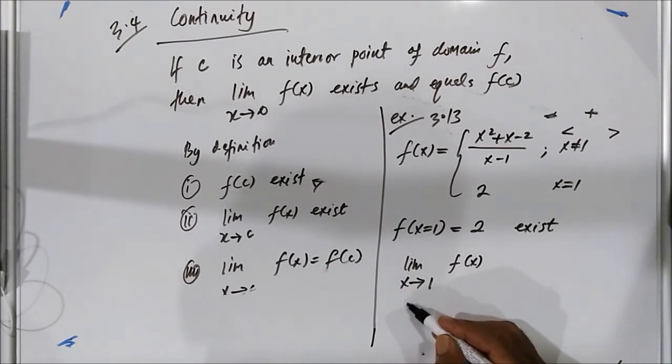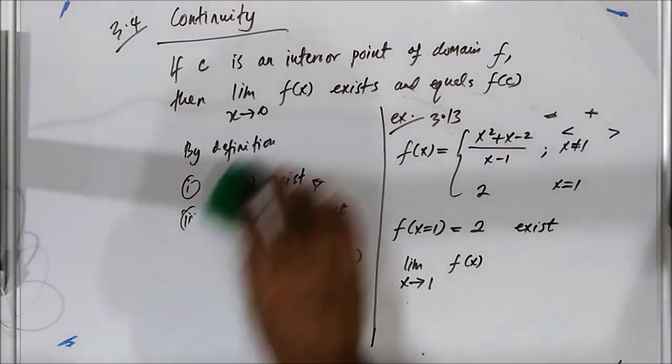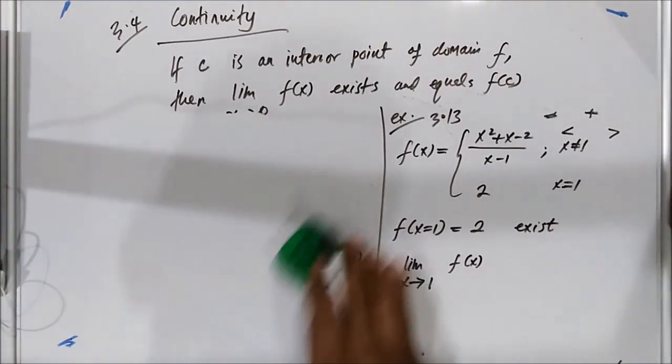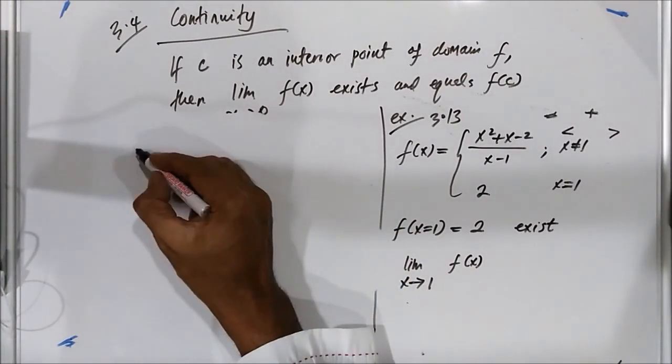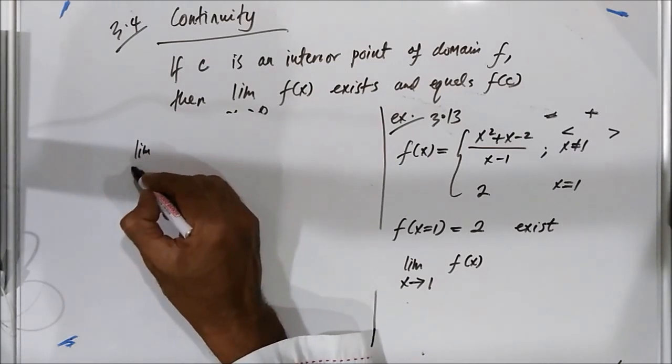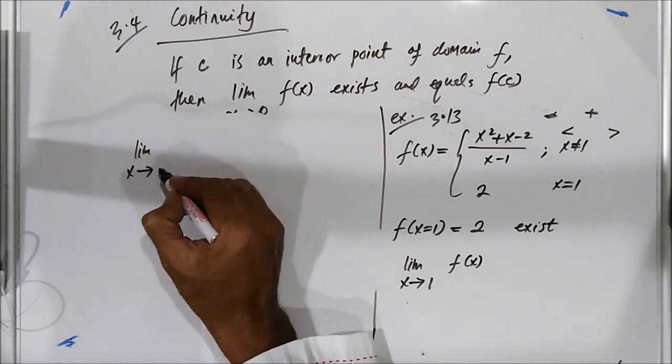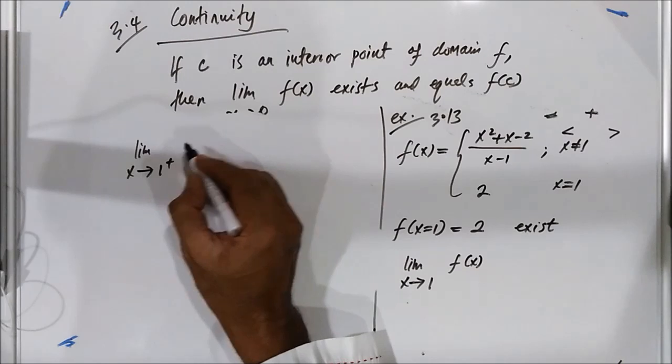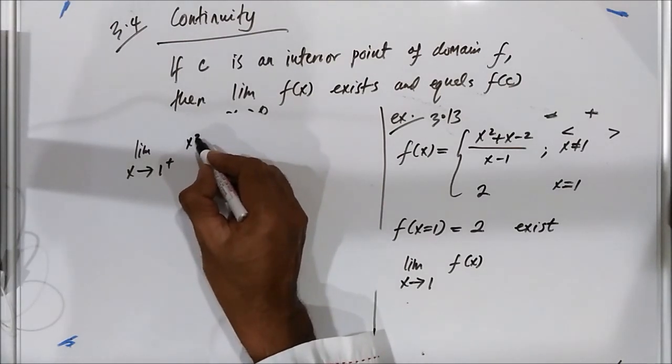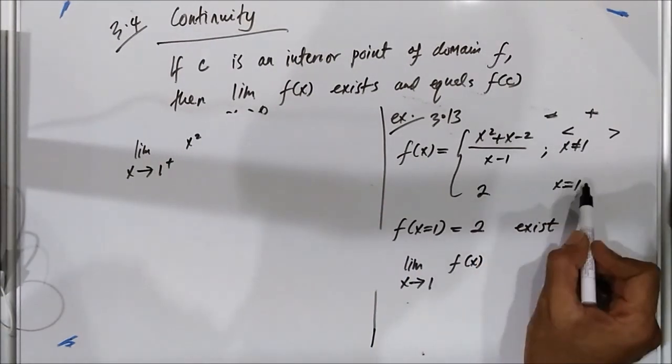So I need to find the limit as x approaches 1 from the positive direction. Why don't we take 2 here?